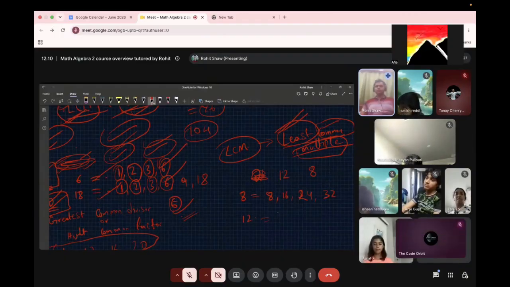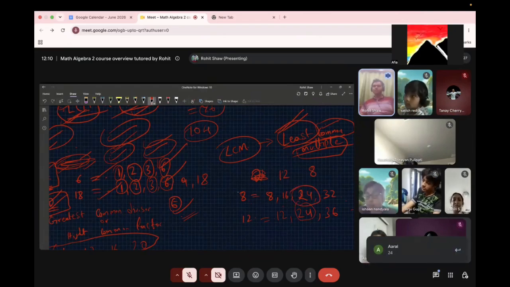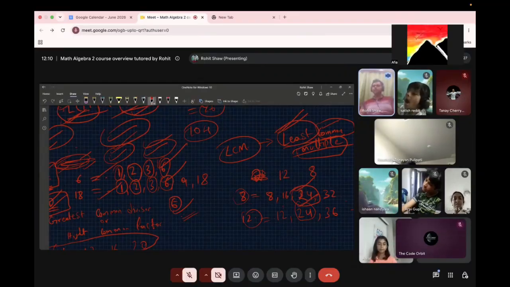The multiples of 12: 12 ones are 12, 12 twos are 24, 12 threes are 36 and so on. So what is the common multiple here? I can see 24. So the least common multiple is 24, because it is the smallest one. Had there been some common number before that, that would be the least common multiple.